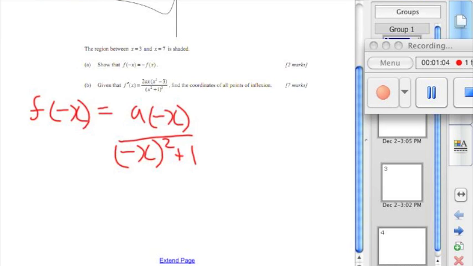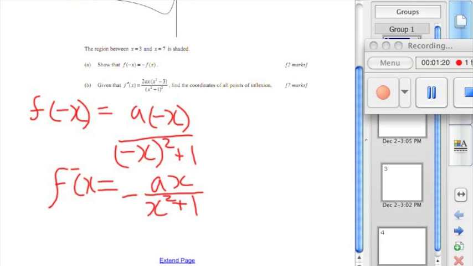And that can be further simplified to negative ax over x squared, note that a negative squared becomes a positive, plus 1. So we know that f of negative x equals negative ax over x squared plus 1.